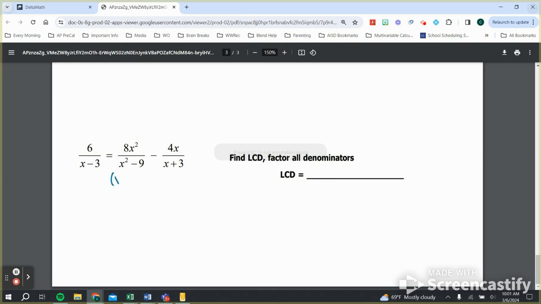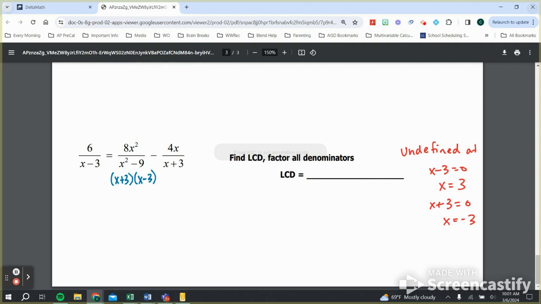So this becomes x plus 3, x minus 3, because it's a difference of squares. Let's go ahead and figure out where we are undefined. We have an x minus 3, so we're going to be undefined at 3, and we have x plus 3s. So we're also undefined at -3.